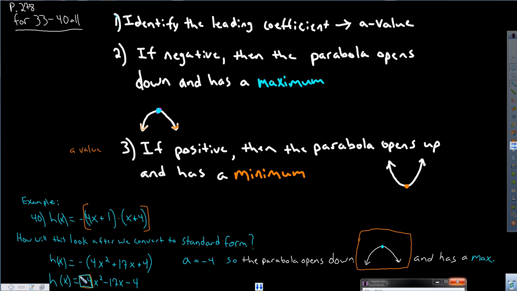If the a value is negative, I'm certain that I'm going to have a maximum. It opens down and has a max. So that is how you determine which way the graph of a quadratic function opens, and whether or not it has a maximum or a minimum.